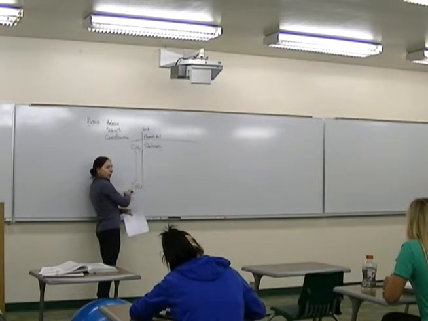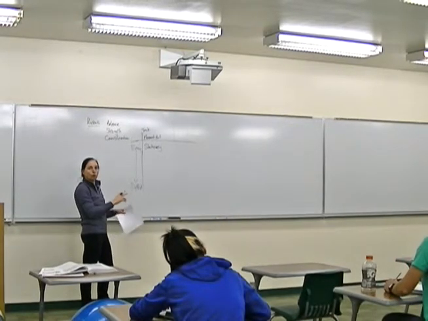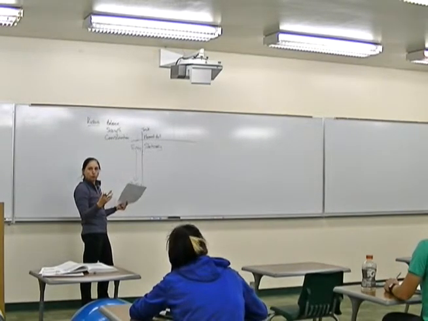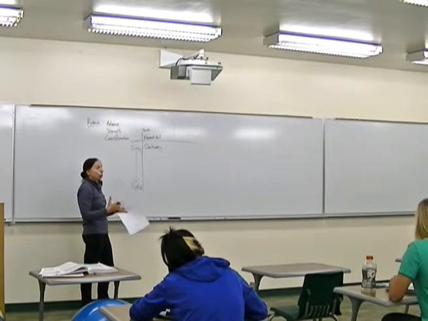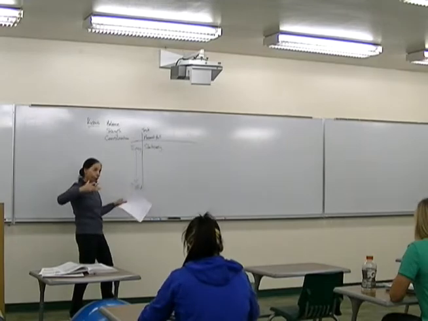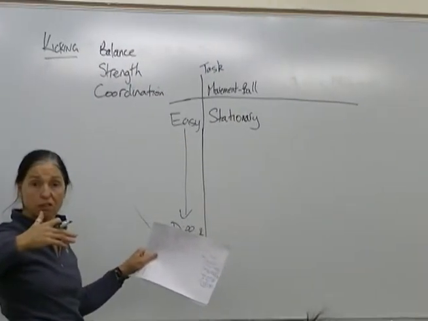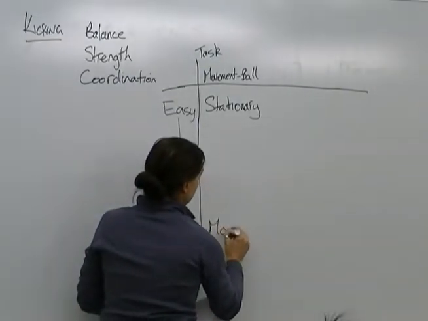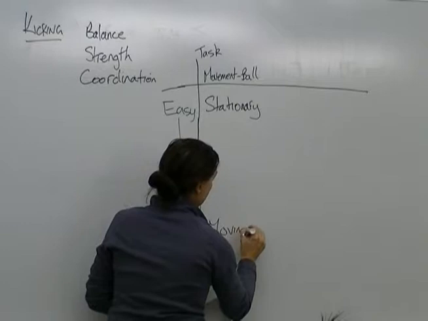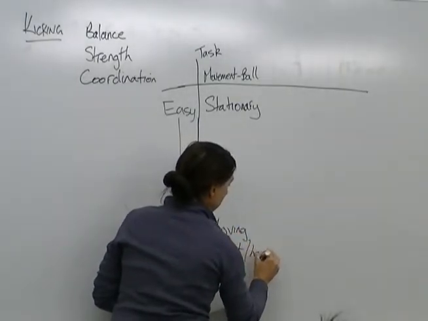And if I look at the other end of my continuum, then a difficult version of ball movement would be the ball's moving really fast or really hard, or it's coming on an angle. That would be direction. Let's stick with fast, right? So the ball's moving really fast or hard.